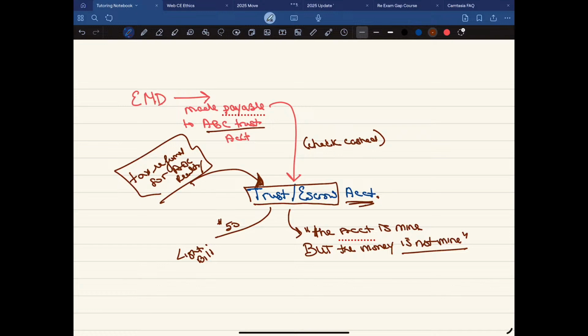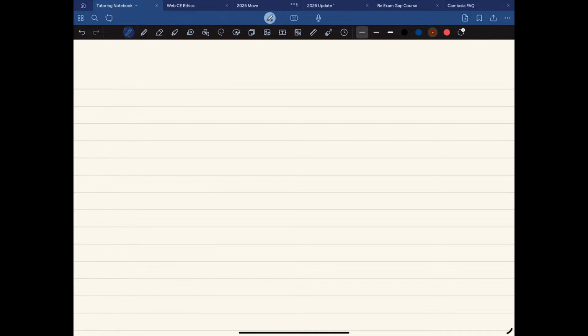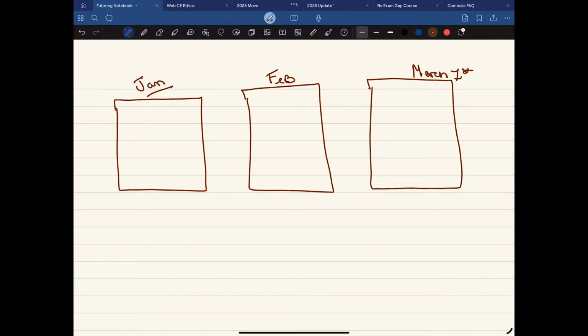Why a debit to the seller and a credit to the buyer? So if it's an assumed mortgage, this is March, and this is February, and this is January.